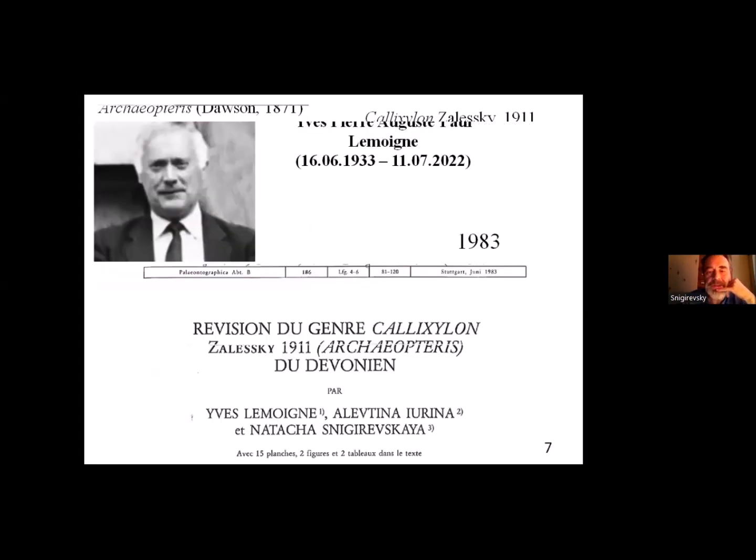In 1983, Yves Lemoigne and his Russian colleagues, Alevtina Yurina and Natasha Snigirevskaya, published a revision of the genus Callixylon. Archaeopteris was written as a synonym of Callixylon, but the genus Archaeopteris was published previously, so Archaeopteris is the name for the plant which had foliage of Archaeopteris type and wood of Callixylon type.